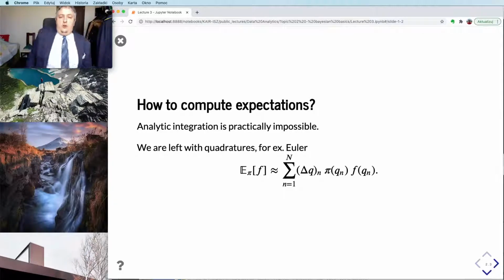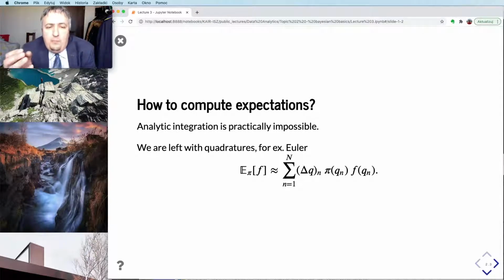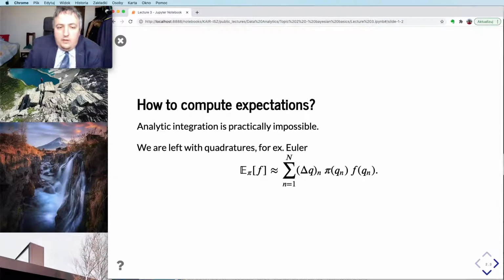So, for example, we can use Euler quadrature, so we can divide our probability interval in the following form. That is, we find points in the parameter space, q_n, and the distances between them, in order to compute the sum of all those values multiplied by the distances between them.